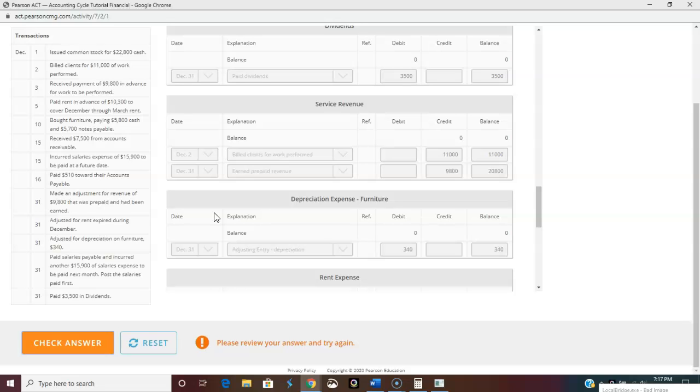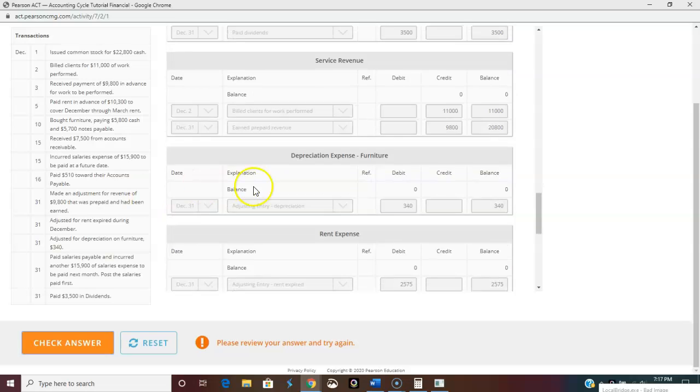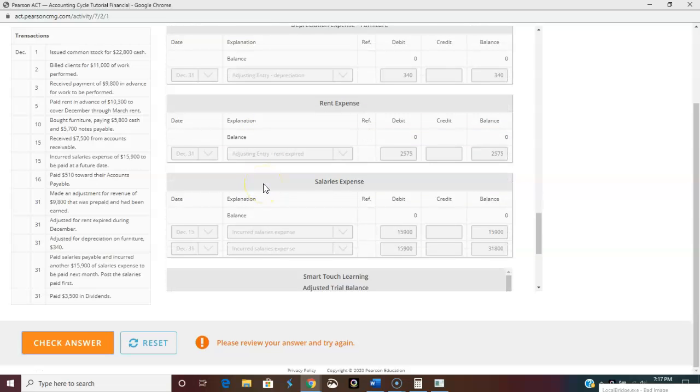Depreciation expense 340. $46.40. Rent expense, $25.75. Salaries expense, $31.08.